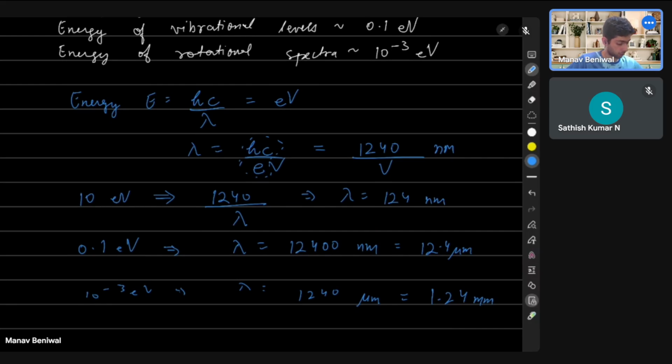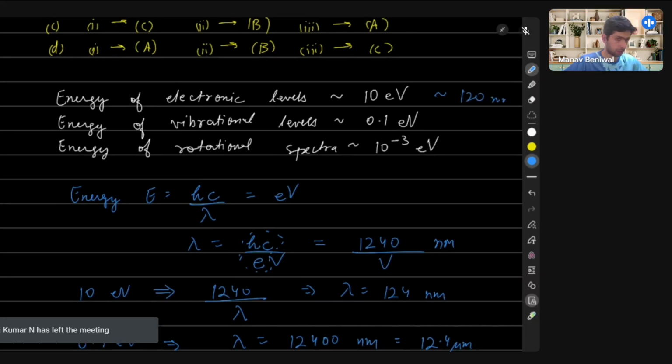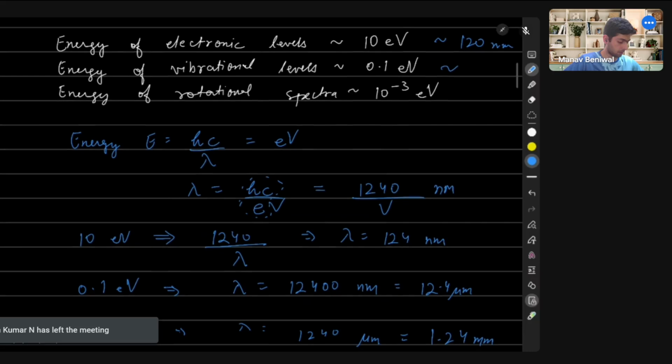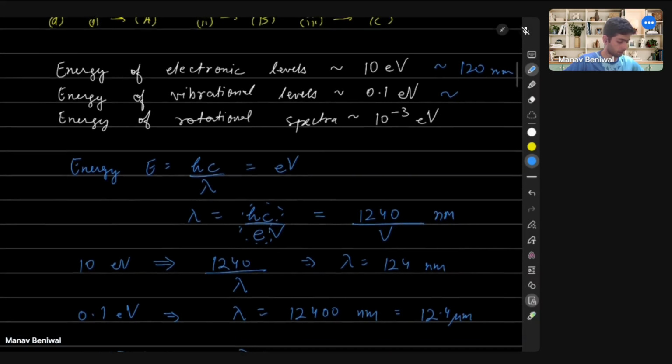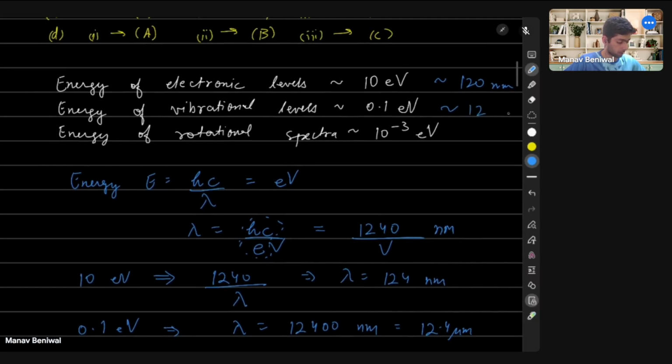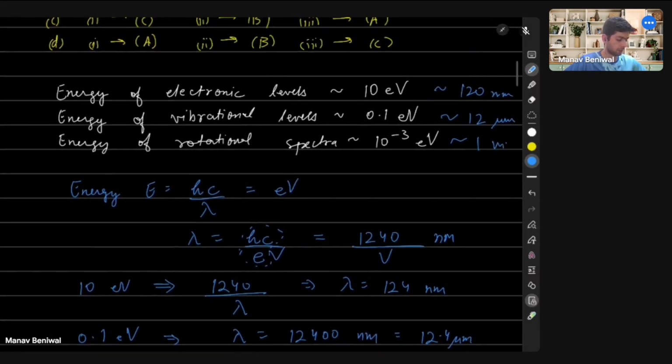Okay, so we can write these values. This is roughly 120 nanometers, this is roughly 12 micrometers, and this is of the order of roughly 1 millimeter.